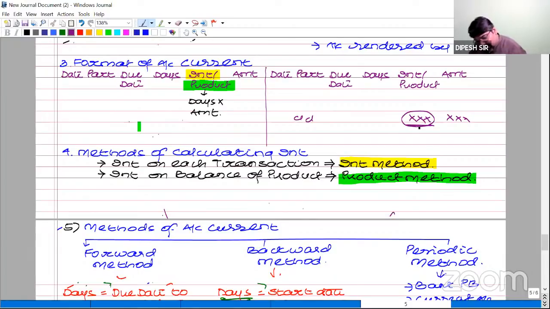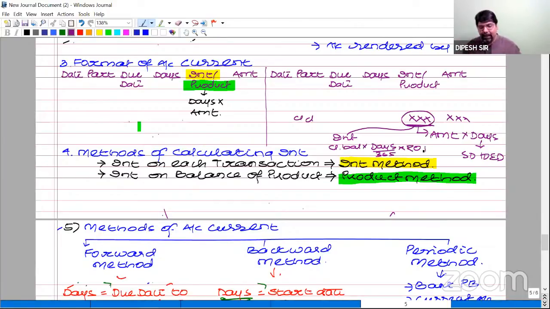So in product, it is amount into days, and days is start date to end date. Correct? But in case of interest, it is closing balance into days by 365 into rate of interest, because then you will not have a product column.